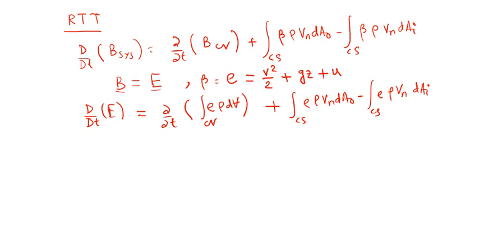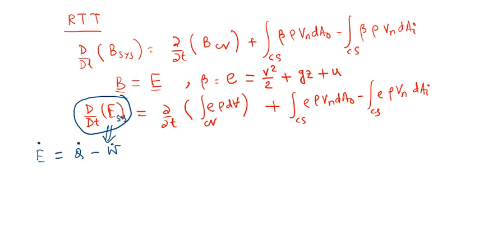Now if you apply the first law of thermodynamics for a system, what do you know? That the rate of change of total energy is nothing but Q dot minus W dot. I hope you remember that; this is the first law of thermodynamics. So E dot is equal to this, and this quantity is nothing but the system E dot.